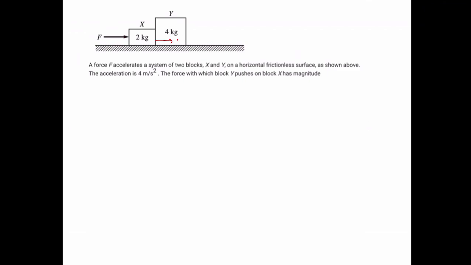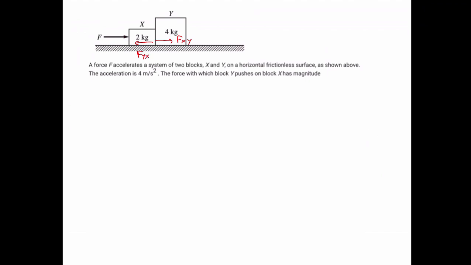So we have the force from the X object to the Y object, and this is the action, the force from X to Y. It has an equal and opposite reaction. We have the force from object Y to object X.